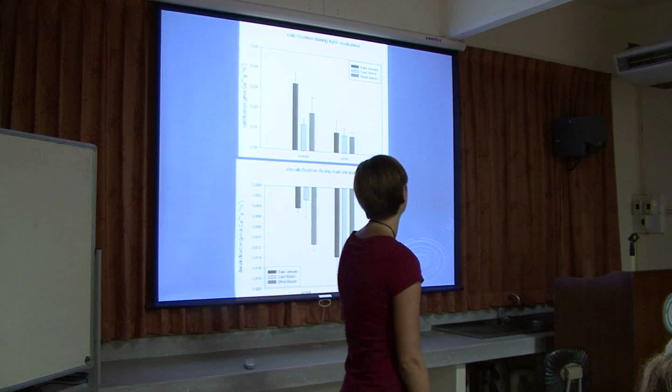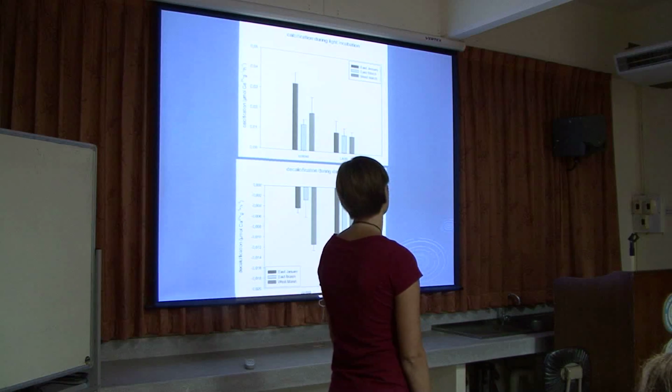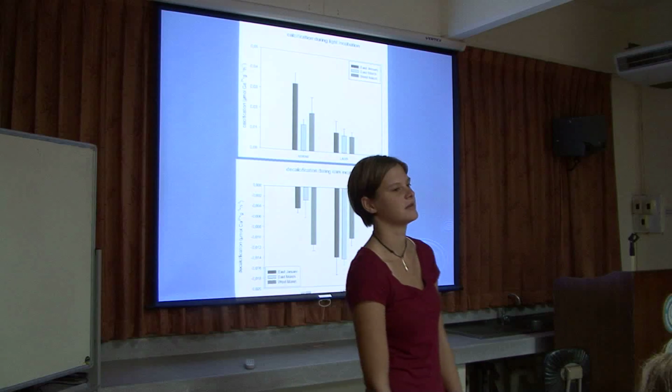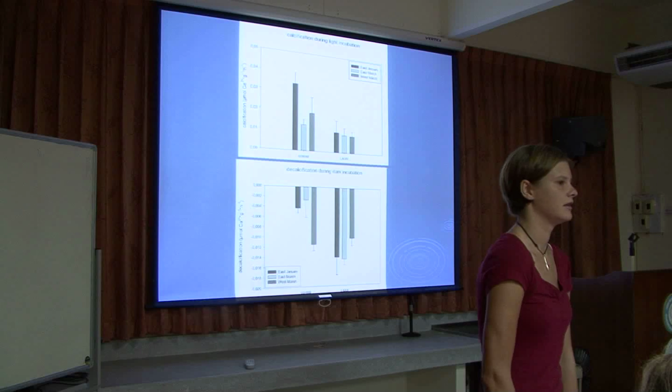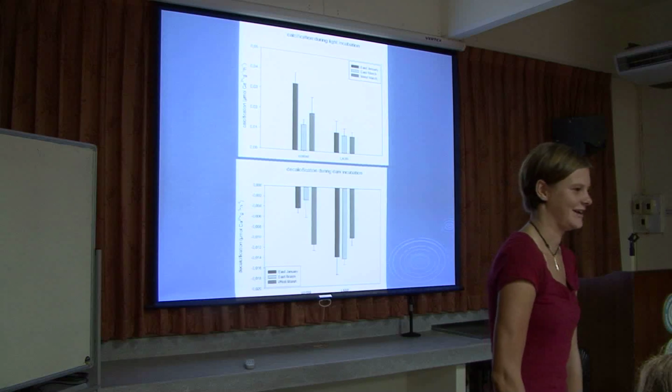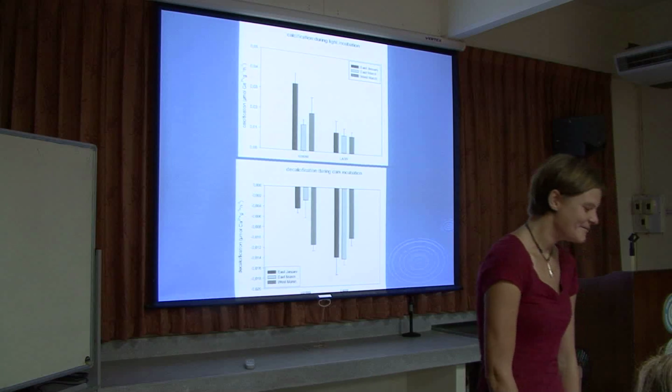So the west algae have a lower decalcification than the ones from the east side.